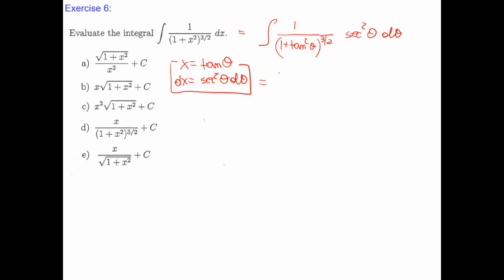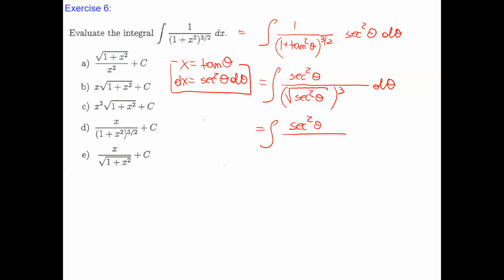Let's simplify. I can put secant square theta on the top. 1 plus tangent square is, of course, secant square, but we do have a square root and still an extra power. Secant square theta under the square root will become secant, and we still have that cube.